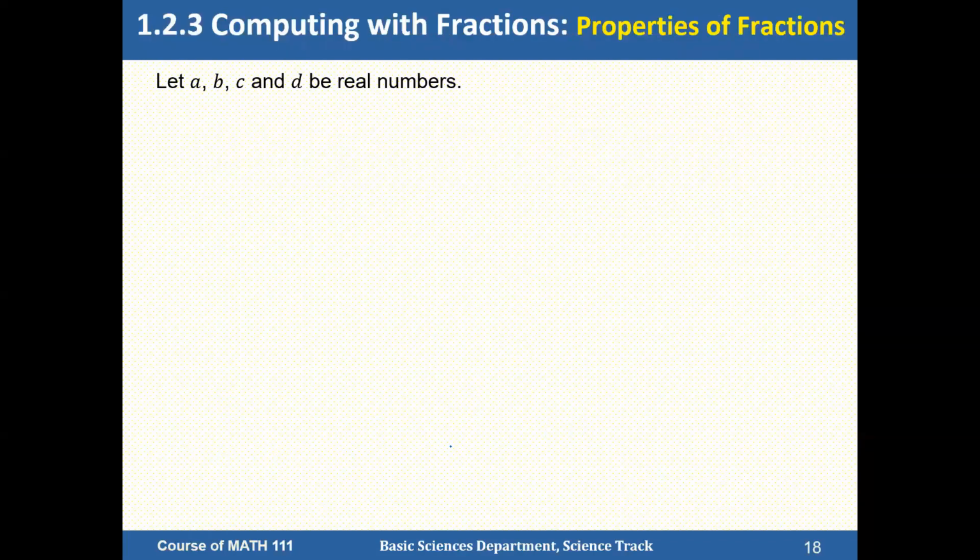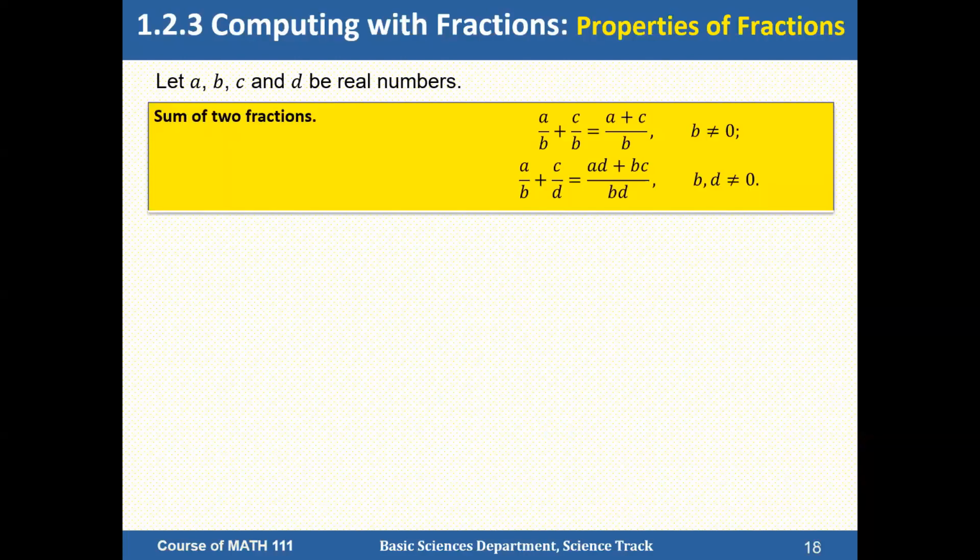Operations on fractions. For fractions, we can add, we can subtract, we can multiply, we can divide. The easiest is multiplication, easier than addition of fractions. Why? Because to add two fractions we must have the same denominator. We can add only if the two fractions have the same denominator.